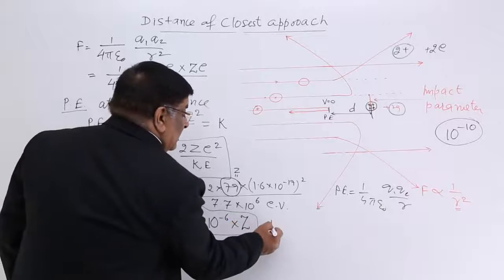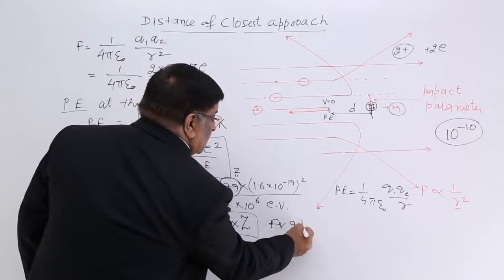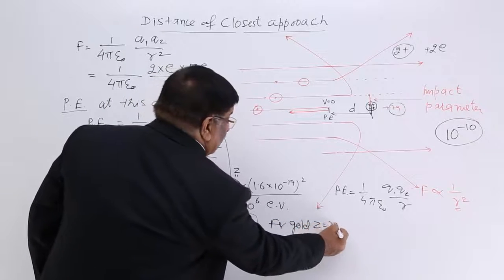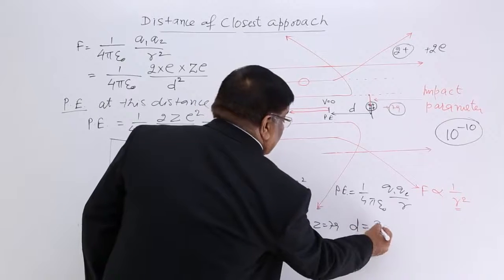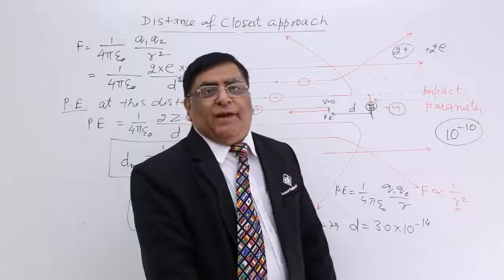So for gold Z is equal to 79, and this d comes to be 3 into 10 to the power minus 14.